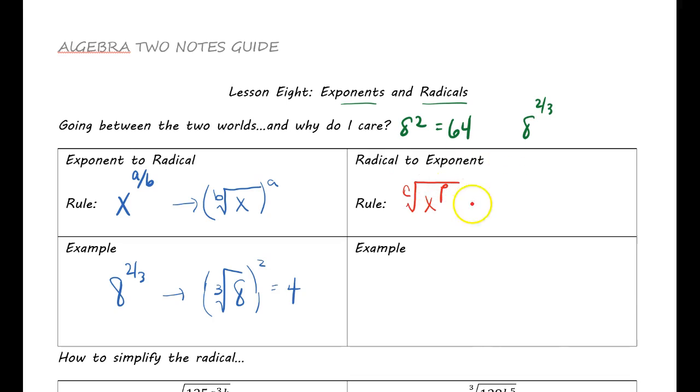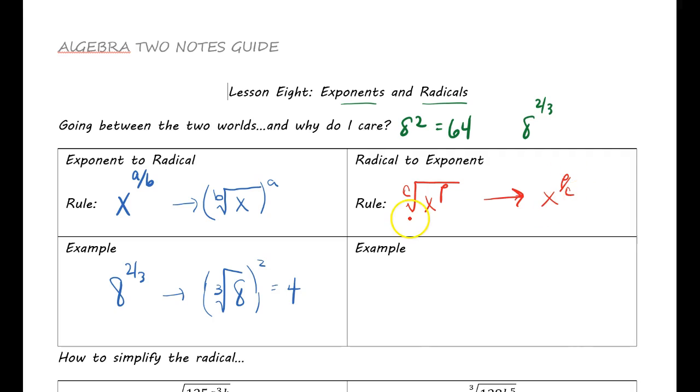If you have something like this, the cth root of x to the p power, we're just going to do the exact opposite of this. When we come out of this form, the base stays the base. Whatever power is on it, here or on the outside, that is the numerator. And whatever is the index becomes the denominator. So it's x to the p over c power.